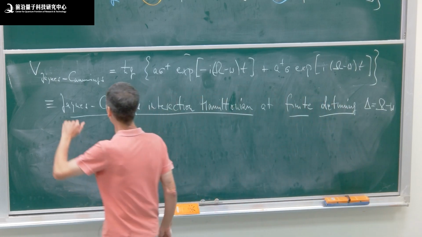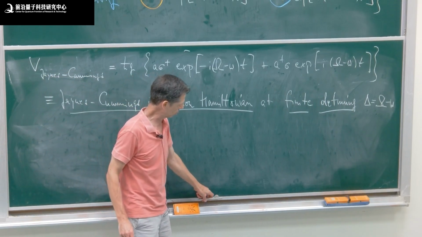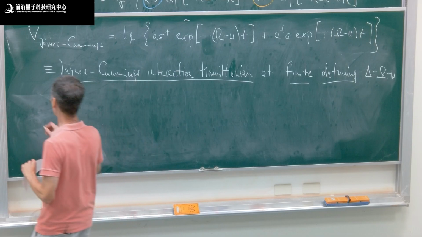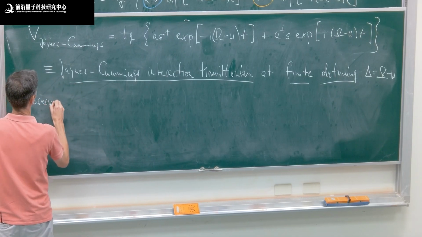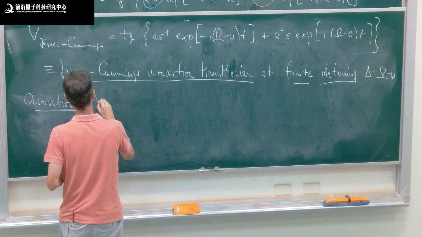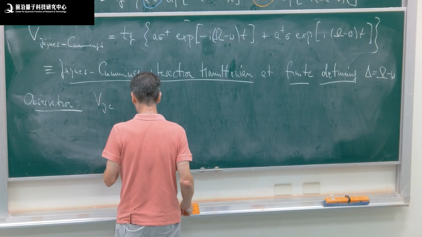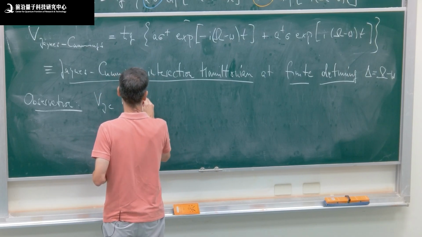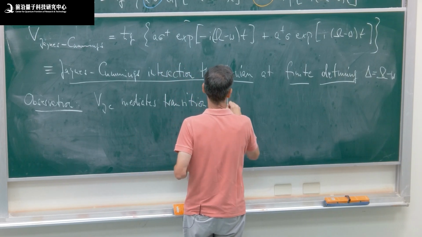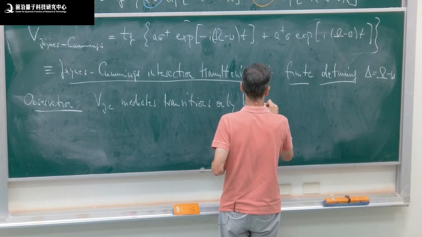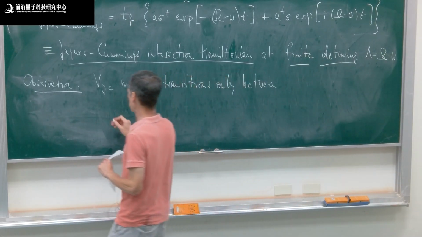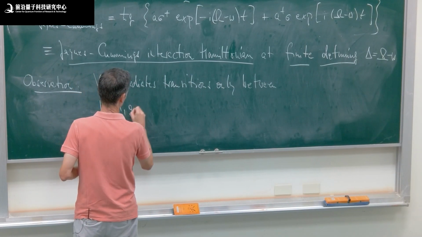Okay, so now we already observed, with this energy conservation, one observation: V_I or V_JC mediates transitions only between states n plus 1, g, right?